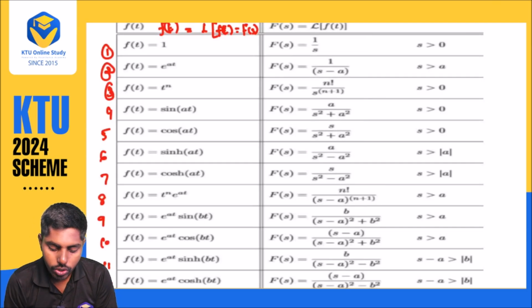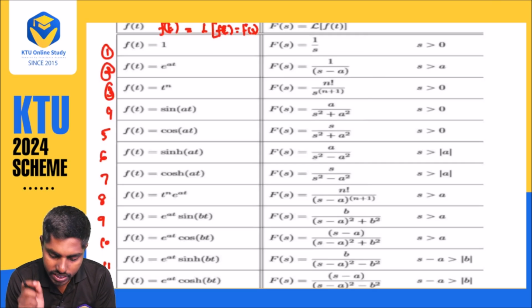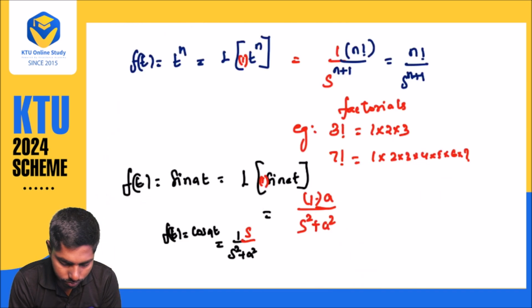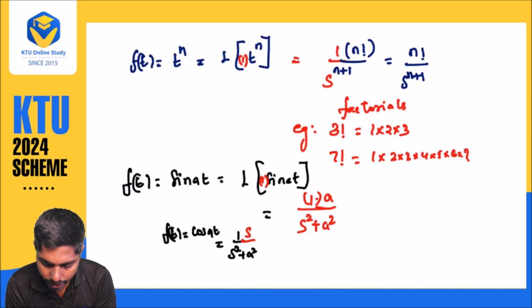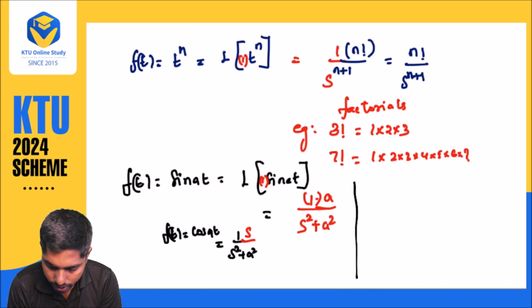Now hyperbolic, that is sin hat. When h is coming, you write a negative sign in the denominator, where you were writing a plus symbol.